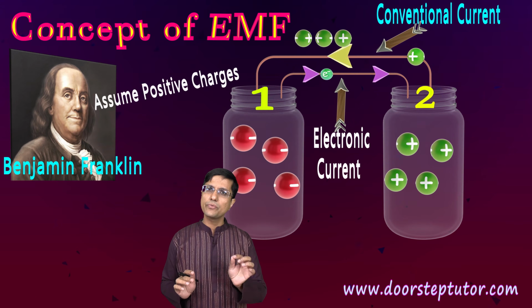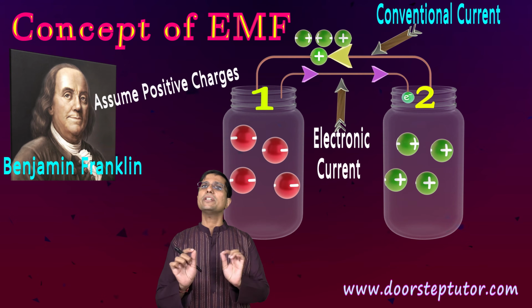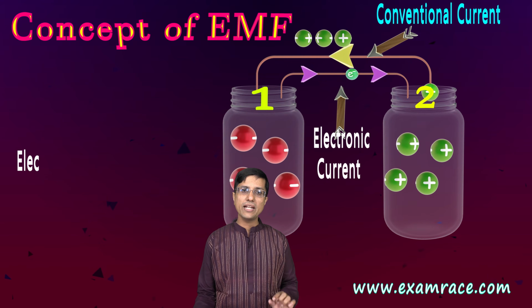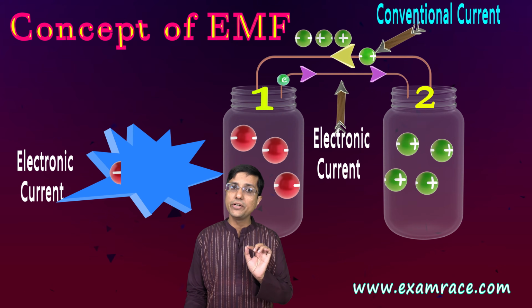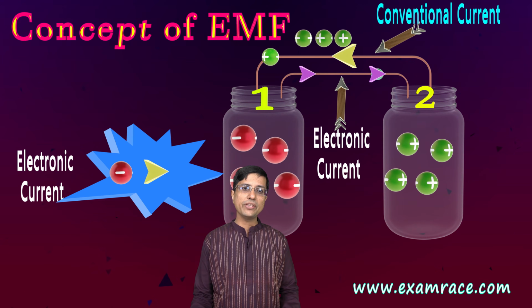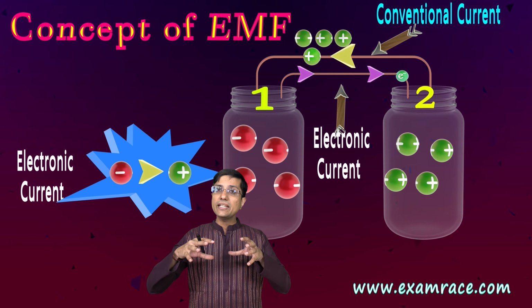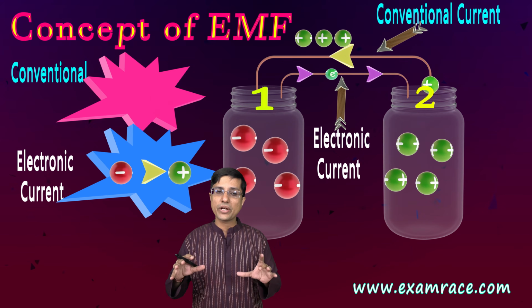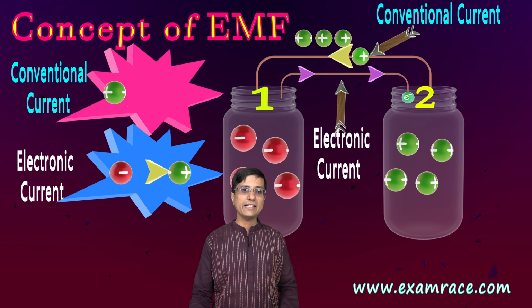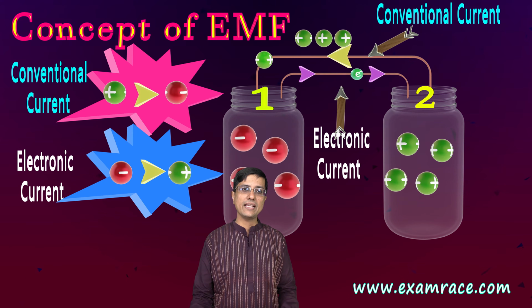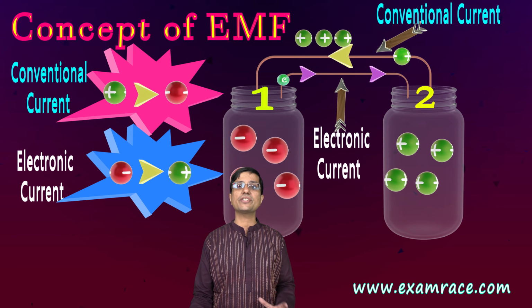He saw that something was flowing, but he thought that this was positive charges. So although the electronic current, the current due to electrons, is from the negative towards the positive jar, the traditional current, or the current that Benjamin Franklin thought of, is in the opposite direction. This is known as conventional current, or just current.